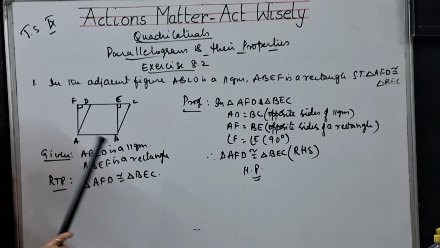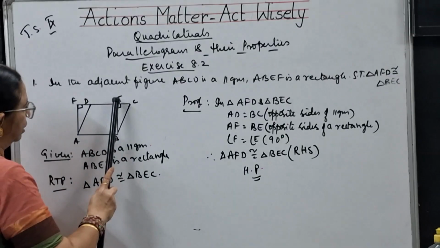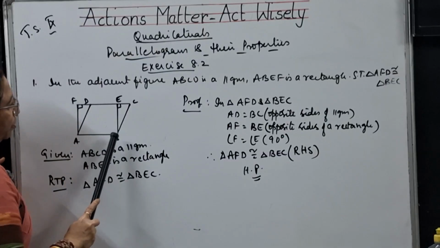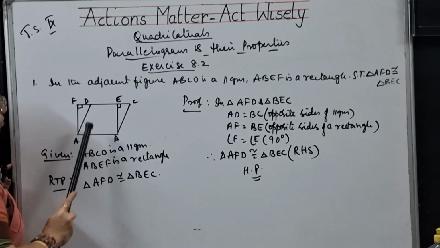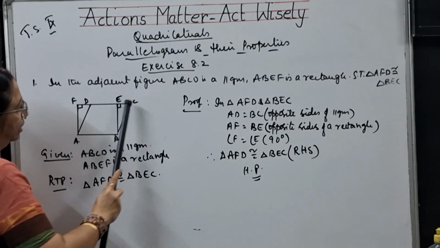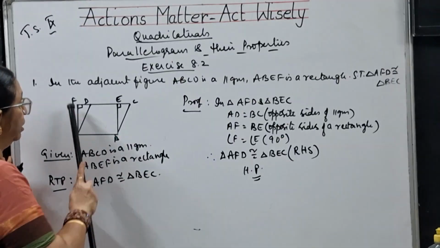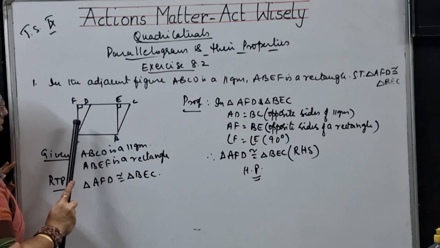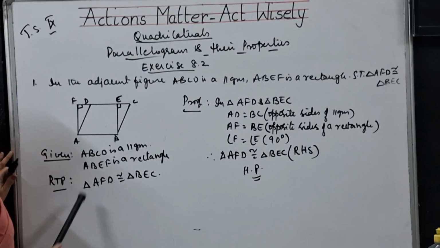So once again, in the problem they have given ABCD is a parallelogram, ABEF is a rectangle. We need to prove that triangle AFD is congruent to triangle BEC. This is the RTP. Now in these two triangles, AFD and BEC, AD is equal to BC, opposite sides of a parallelogram.